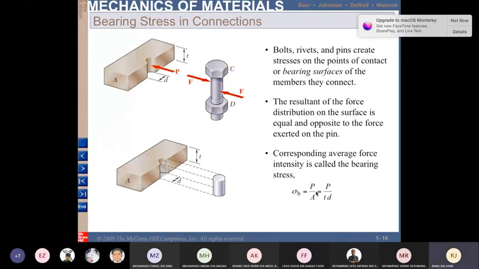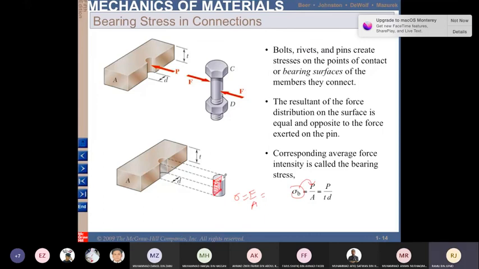This is bearing stress. The bearing stress is still calculated using stress equal to F over A. A is equal to this one. This is the diameter, this is the length. So actually you will see this as the area.